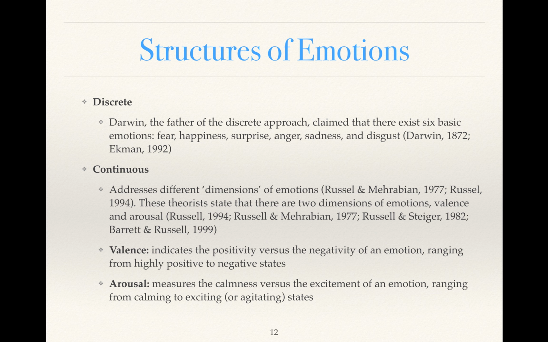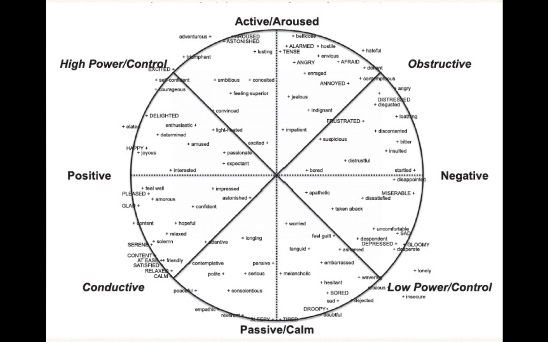Valence talks about the positivity versus the negativity of emotion, and arousal talks about whether a person is calm or excited. So if you think about it, a continuous emotion can really include a lot of different emotions.